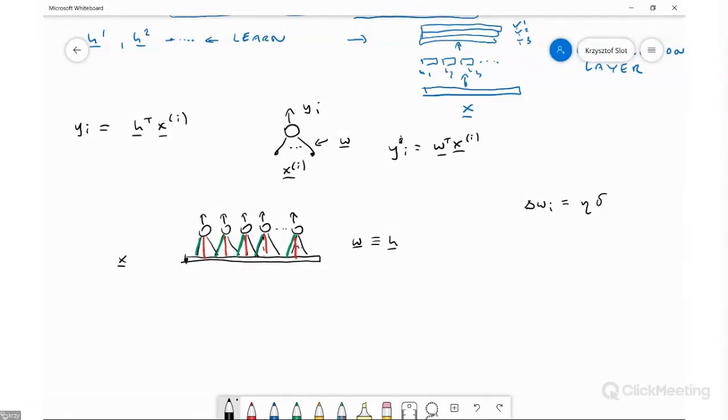delta rule. Delta rule says that if I know the error that the neuron makes, so this is an error of this neuron, and I know what is a nonlinearity, and I know what is the input, I know how to correct a weight. So this is x, not y, this is x. And now I have a linear neuron.